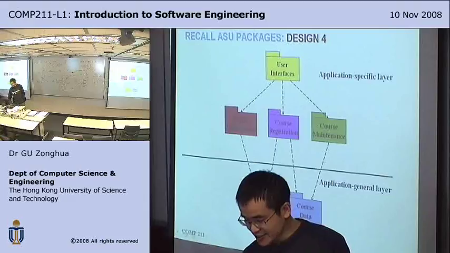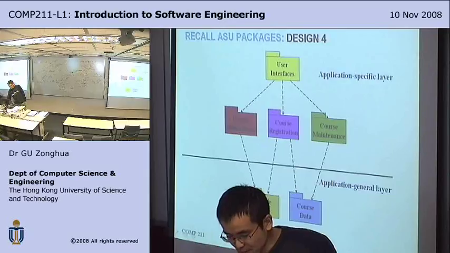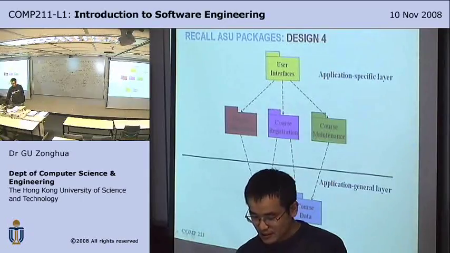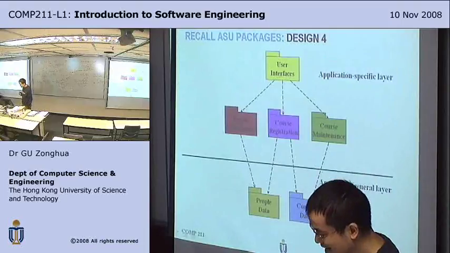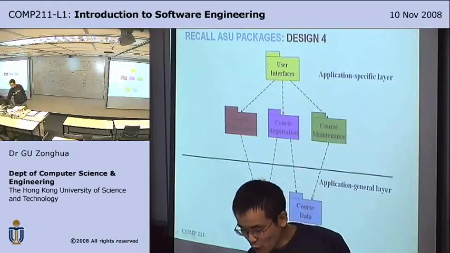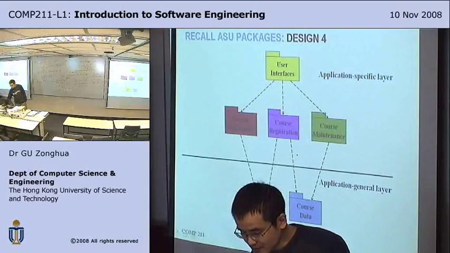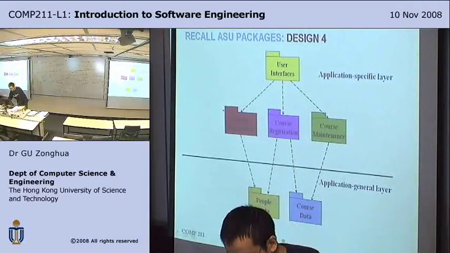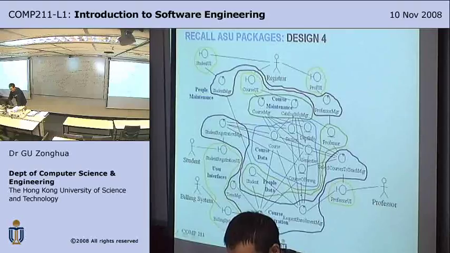So we had the UI, user interface package connecting to the people maintenance, consisting of the entity classes related to maintaining student and professor information, course maintenance, and course registration. I'm sorry, these are control classes, and these people data and course data are the entity classes. So these are encoded in color.